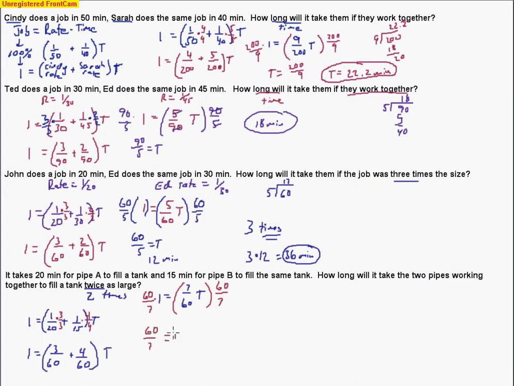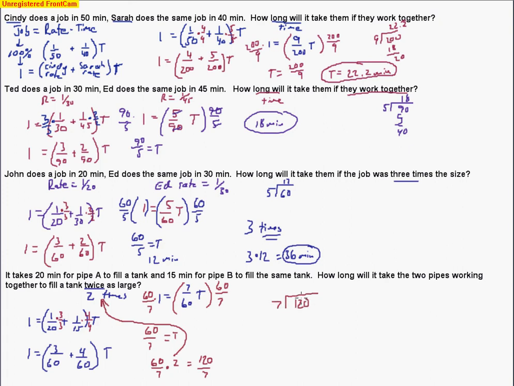I want to figure out what that comes close to. But before I actually do that, we want to find a tank that's twice as large. This is not going to go in evenly, so I'm going to go ahead and multiply it right now. So I'm going to take that 60/7 and times by 2, because it's twice as large, and so this makes 120/7. Now I'm going to do that division. 7 into 120.